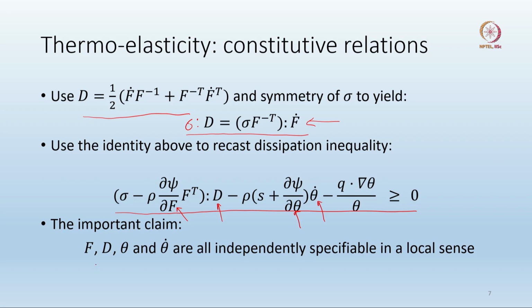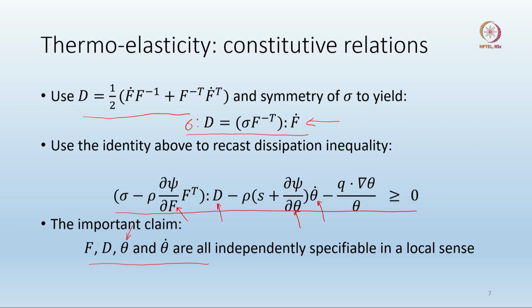Specifically, in this case we can say that f, d, theta and theta dot are all independently specifiable in a local sense. Recall that other than theta, all these other quantities f, d and theta dot are derivatives of something. F is the derivative of deformation, d has two layers of derivatives.